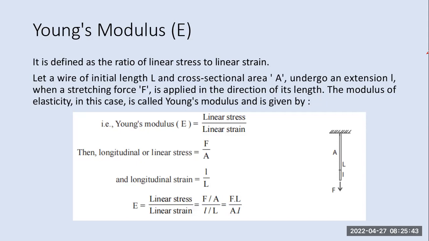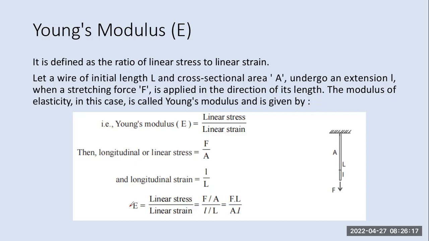The modulus of elasticity in this case is called, again, Young's modulus, and is given by linear stress over linear strain. So yung linear stress natin, ang formula niya is force over area. And then yung ating longitudinal strain is change of length over its original length. So i-ano lang natin siya. 'Di ba? Combination of these two ratios ang ating Young's modulus.